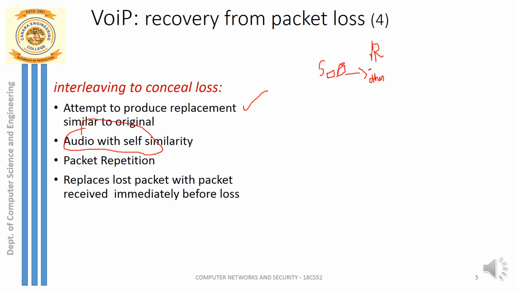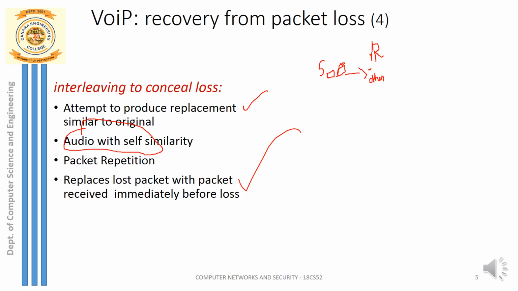So this is applicable to audio with self similarity. Sometimes in a conversation some of the audio portions will be similar, right? Some of the words, or some portions of the signals, or maybe some of the phonemes might be similar. So for such self-similar audio this would be more applicable.